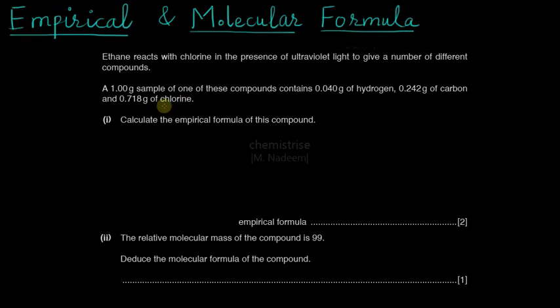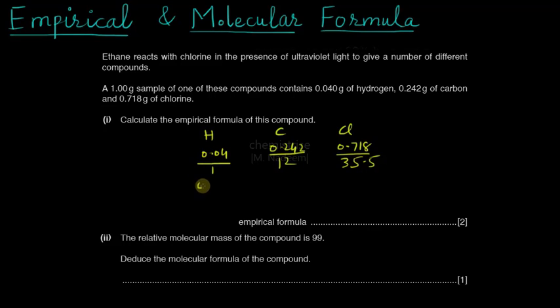So let's see this question in which we got hydrogen, that is 0.04 grams. Carbon is given 0.242 grams, and chlorine is given 0.718 grams. So let's divide with the atomic masses, divide by 1, divide by 12, and divide by 35.5.